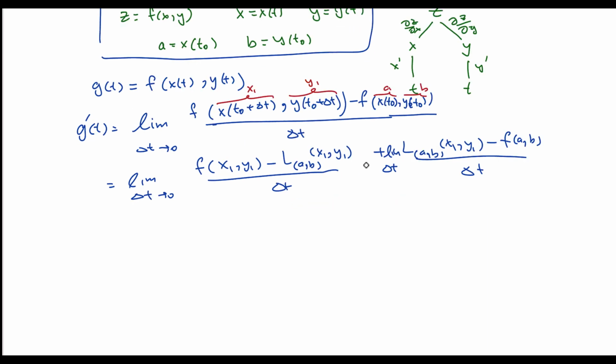This part actually reminds me of something. If I simplify that, I get f sub x at a and b times delta x plus f sub y at a and b times delta y. That's not bad.